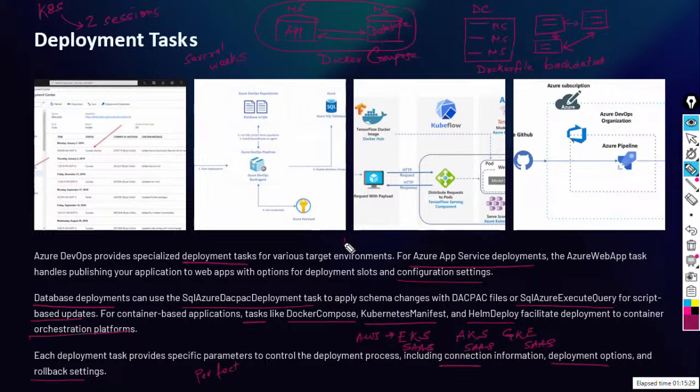You have lots of types of deployment. Blue-green deployment is one of the major and most popular deployments nowadays. So there will be no downtime. That is the buzzword, because no customer would like to have their business downtime.